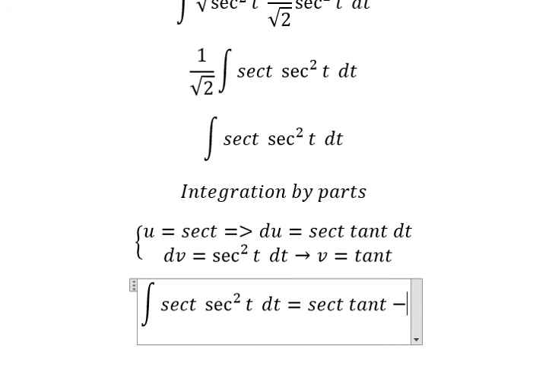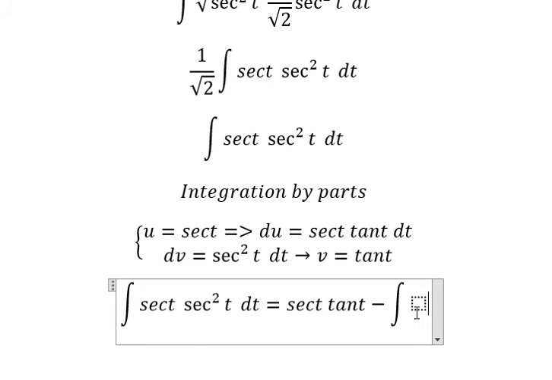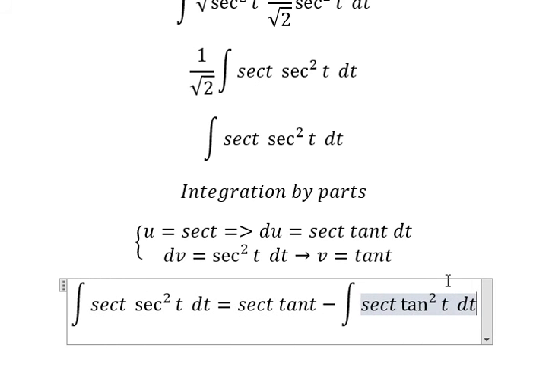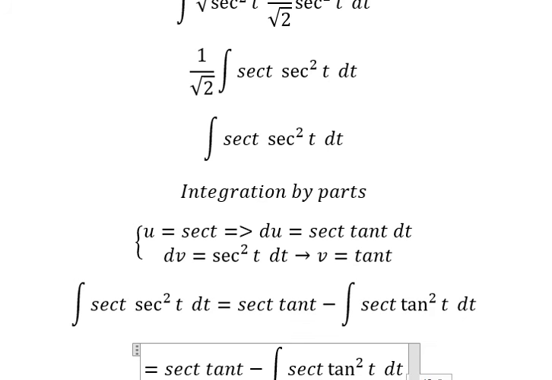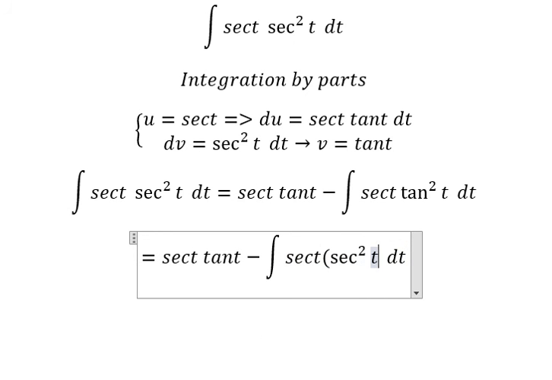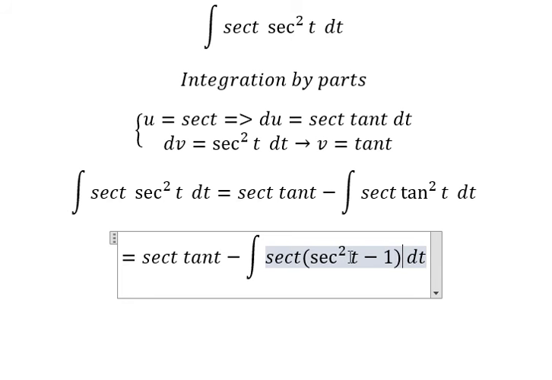So we have the integration of secant of t tan t squared dt. About tan t squared, that is secant of t squared minus 1. This is a trigonometric identity.